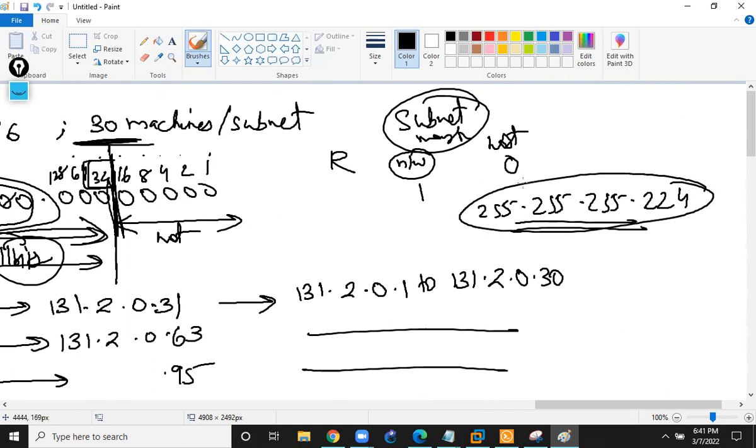Clear? Can you try to write it on your own? The online guys as well, try to write it on your own. If you're feeling stuck, let me know. Offline guys also, just try to write this one on your own.